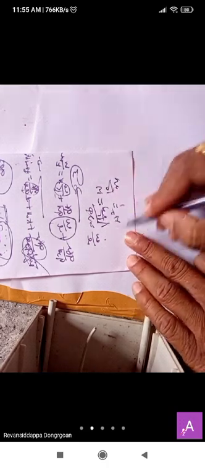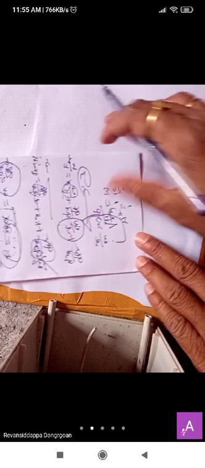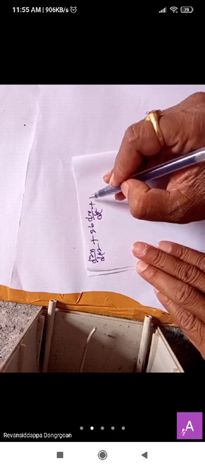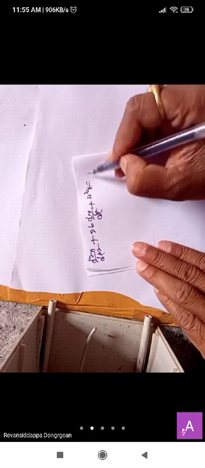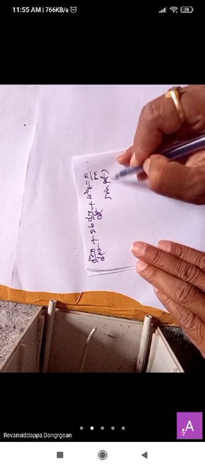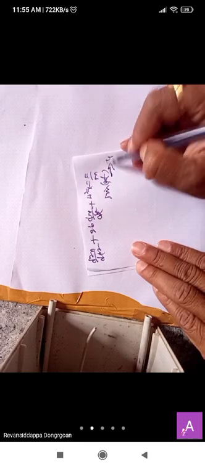You know these fundamentals. Substituting these two values, we can rewrite this as d square x by dt square, plus 2b dx by dt, plus omega square x, is equal to F by m into sin pt. This is equation 4.